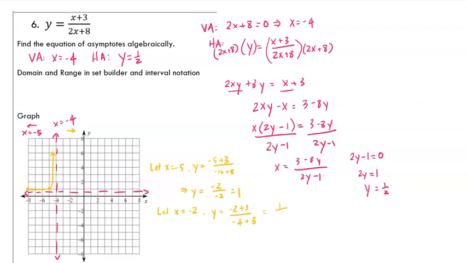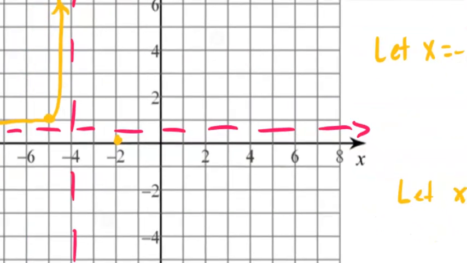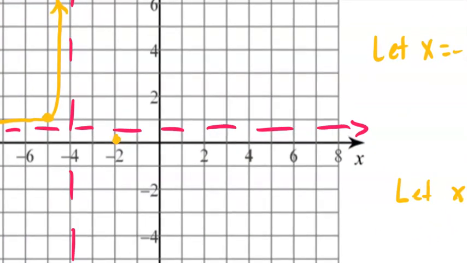This is going to give you 1 over 4. So -2, 1/4, which is right here, somewhere over there. Okay, it's going to be between. If I really wanted to make this precise, it'd be right there.